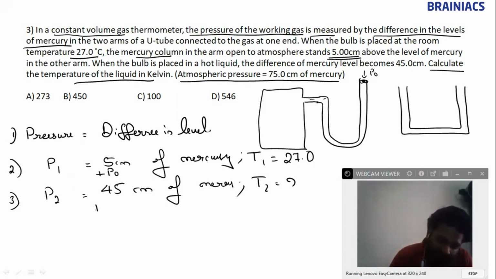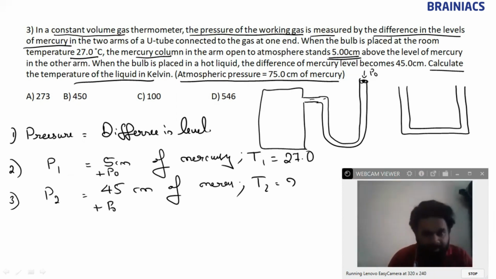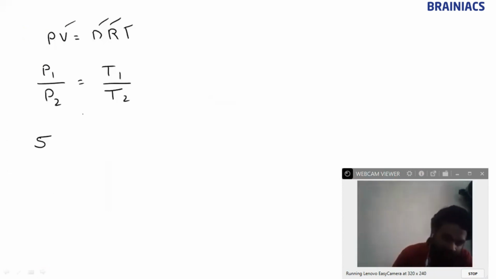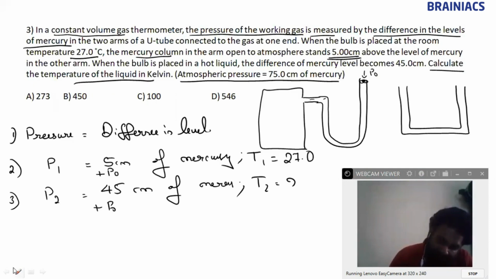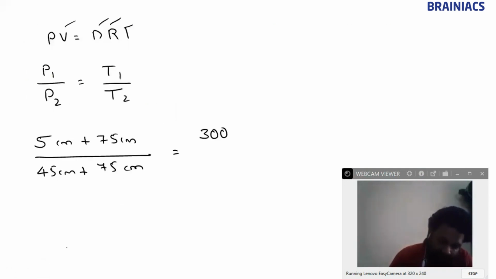This P naught, or atmospheric pressure, we also need to consider. So considering all that, we can write 5 centimeter of mercury plus 75 centimeter of mercury is the total pressure at room temperature. 45 centimeter plus 75 centimeter is the pressure in that hot liquid. This is room temperature given. How much is given? 27 is given, along with that, I have added 273.